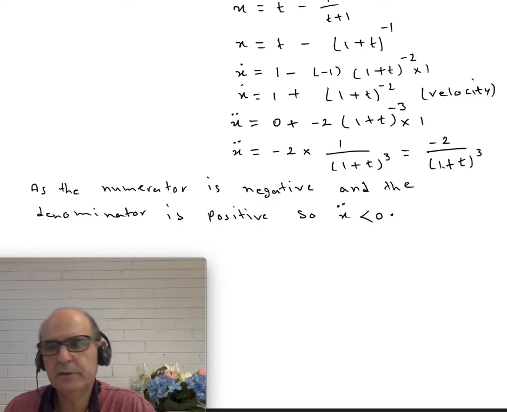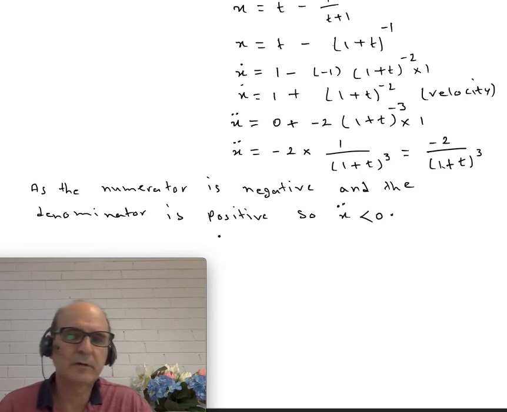So what does this mean? This means that your particle will always slow down.